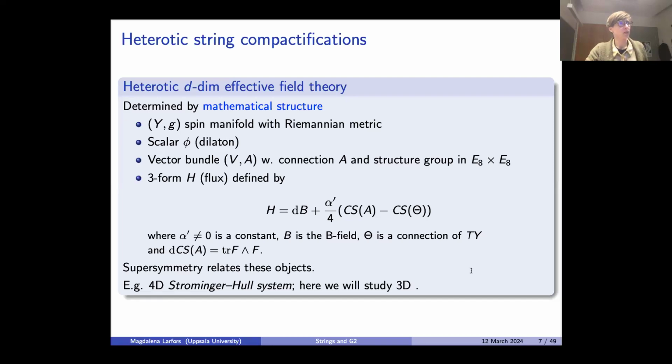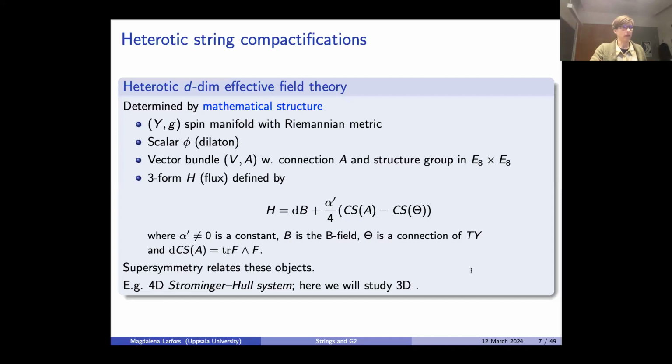And I will take this three-form to be defined by this equation here, which is known as the anomaly cancellation condition. So H is equal to the exterior derivative of B plus a difference between two Chern-Simons terms. There's a Chern-Simons term constructed from the connection on the gauge bundle. And then there's a Chern-Simons term constructed from a connection that I will talk more about later on the tangent bundle.